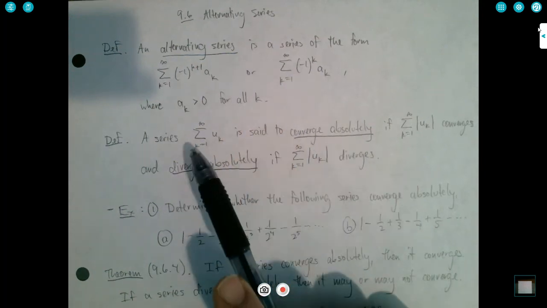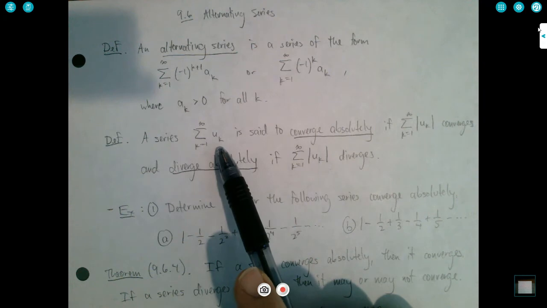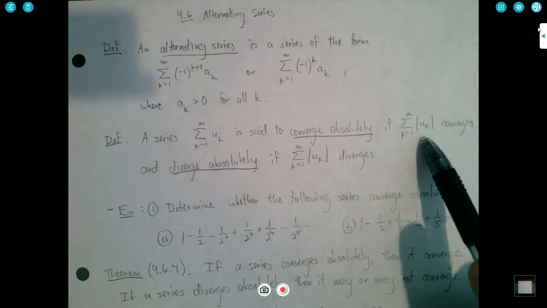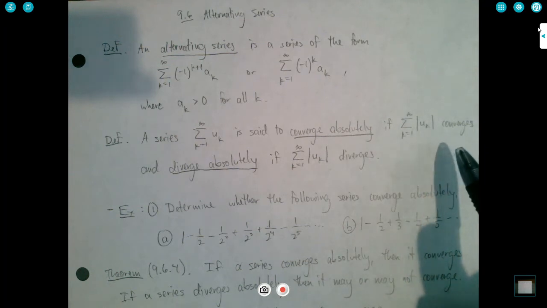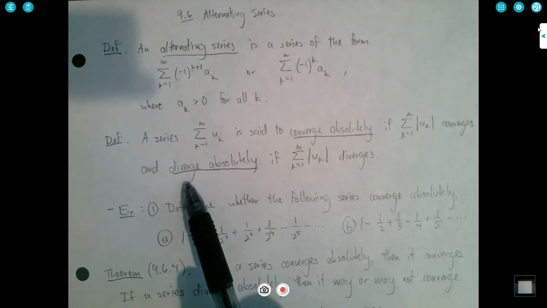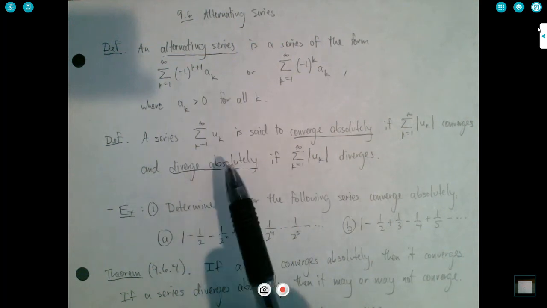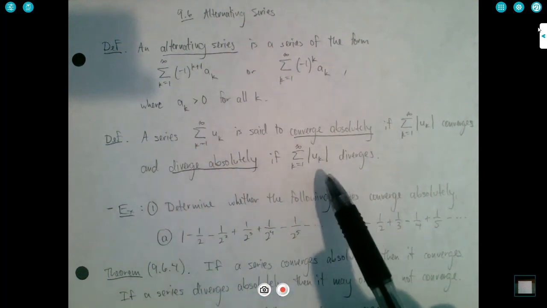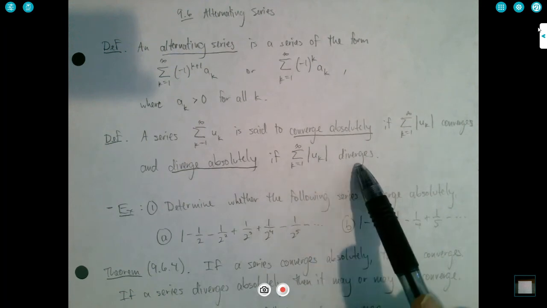So a series is absolutely convergent if the series of absolute values converges, and it's said to diverge absolutely if the series of absolute values diverges.